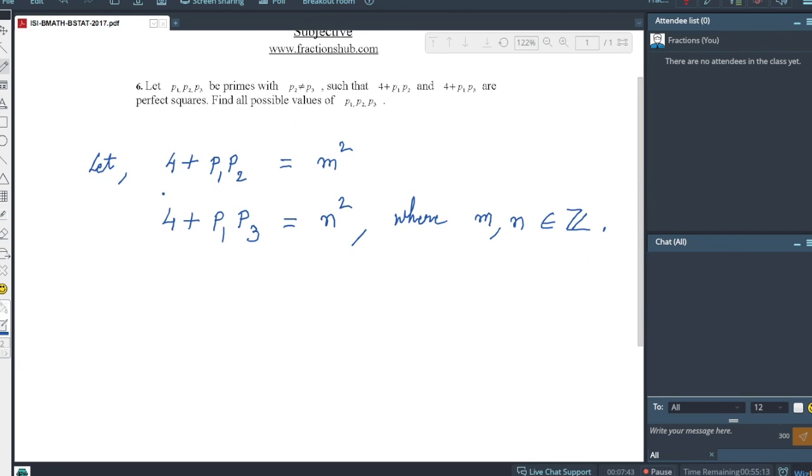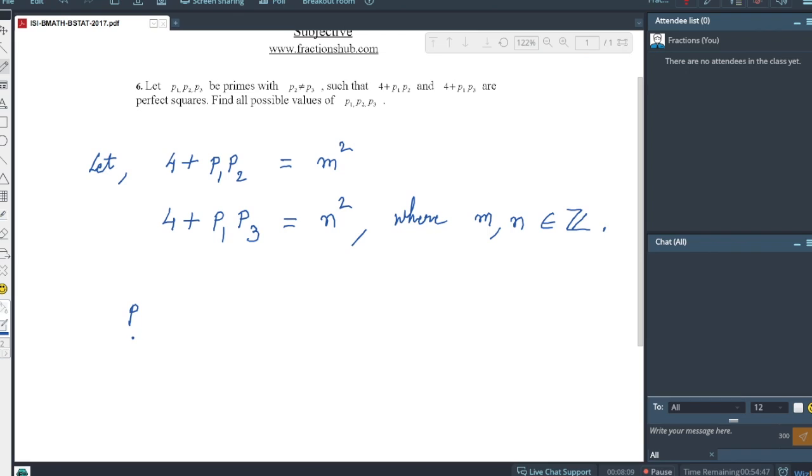Now what we can do is take 4 to the right hand side, because 4 is a square number, and m square is also a square number, so it will be of the form a square minus b square, where we can factorize and get some result from there.